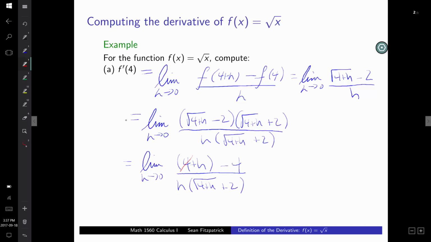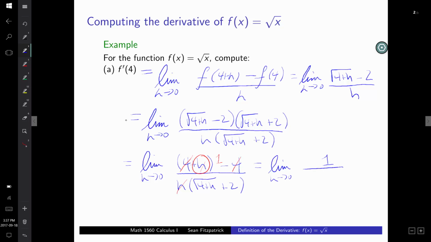So notice that I can cancel those 4s. Leaves me with just plain old h on the top once the 4s disappear, and then of course h divided by h, I can cancel those as well. Probably we should do those in 2 steps, but as you can see, I've only got a couple inches of space left here on the page, so I'm gonna cheat.